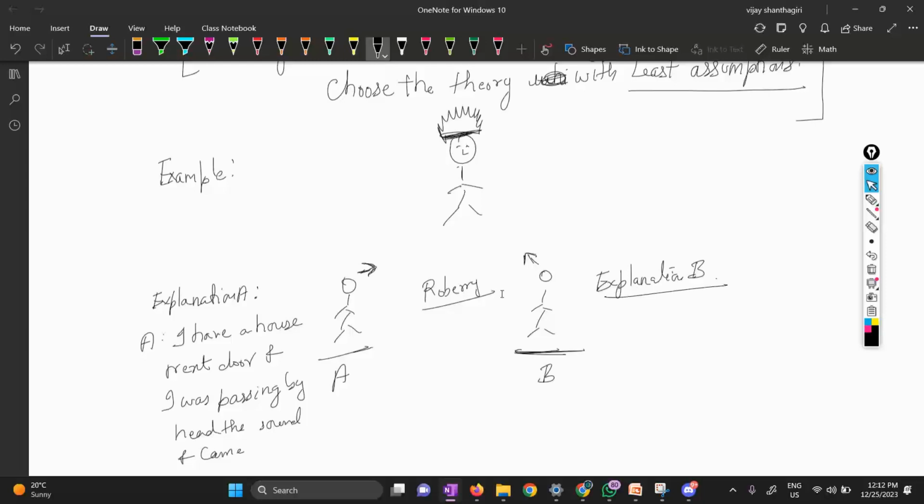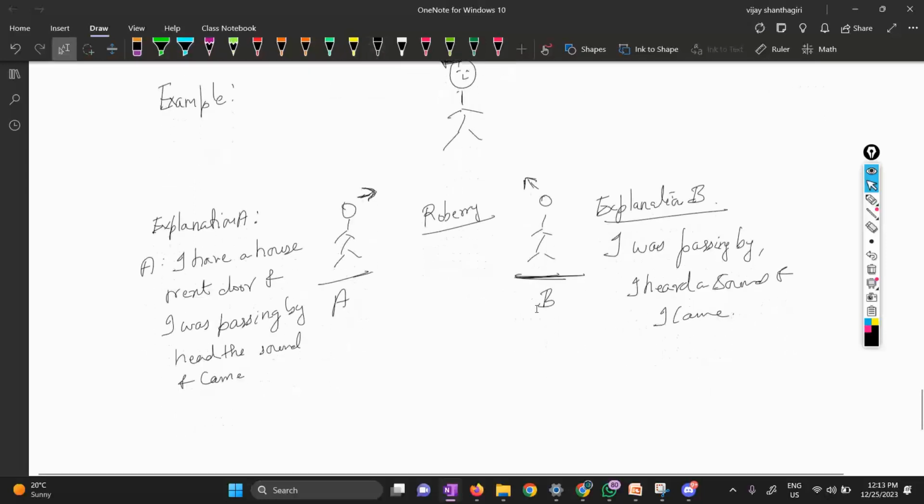B also gives a similar explanation: I was passing by, I heard a sound and I came. Both have told the same explanation. But A having a house next door was verified.